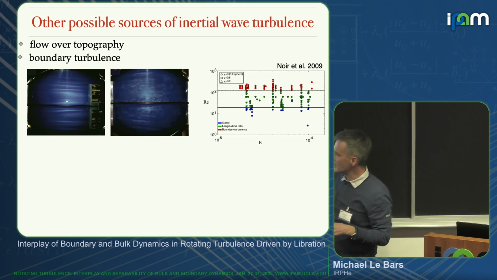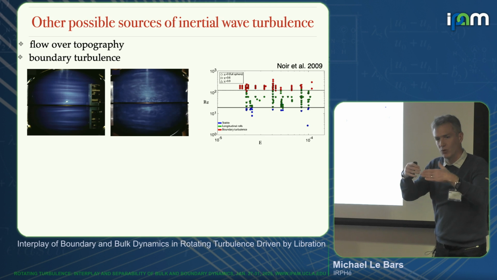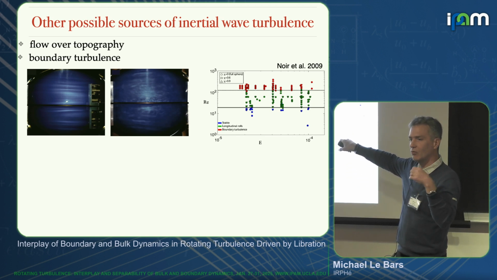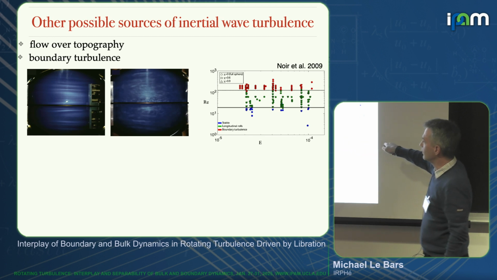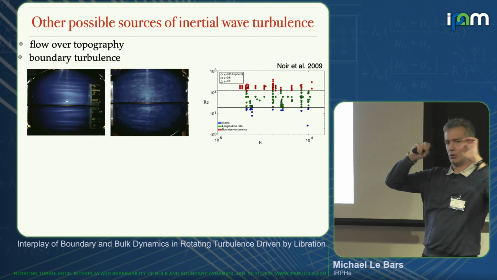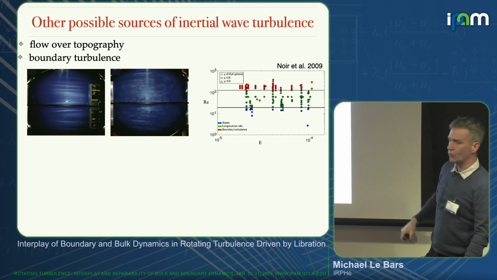So you see here, he has saturated his container with some flakes that reflect the light. And so what we visualize here is the flow, the shear flow within the boundary layer. And you see that the green here corresponds to that case. You have long vortices within the Ekman layer here, and then it becomes fully turbulent.